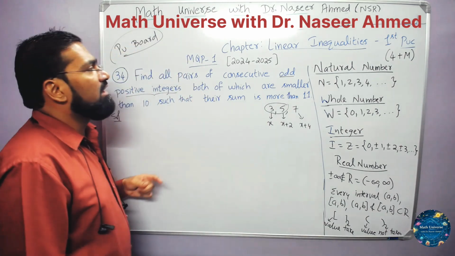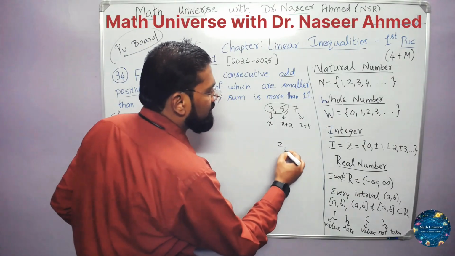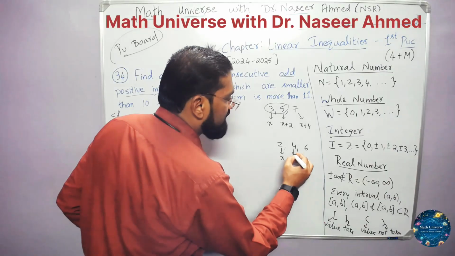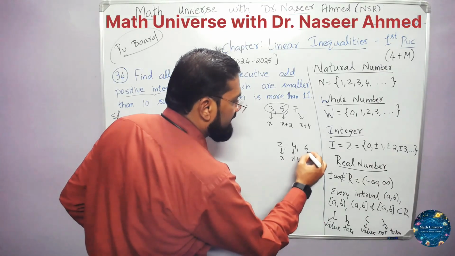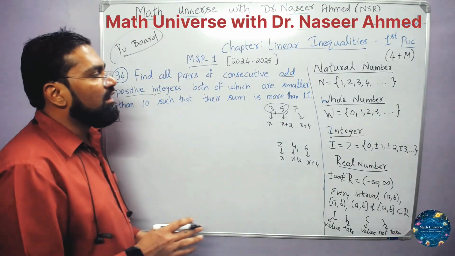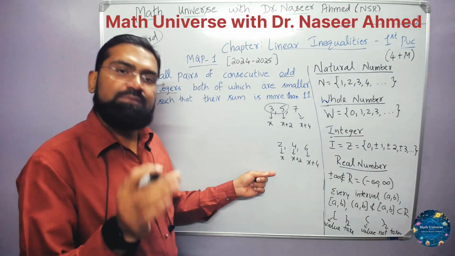Similarly, in NCERT, we have a question on even consecutive. So again, for even, if I take 2, 4, 6, again if this is x, this is x plus 2. And again, this is x plus 4. So as soon as you assume x to be odd or x to be even, the next consecutive number will be x plus 2.